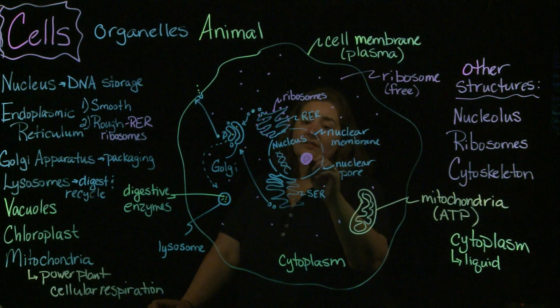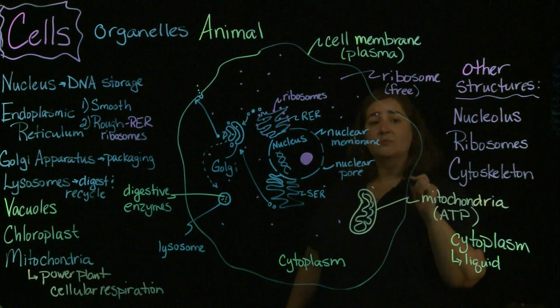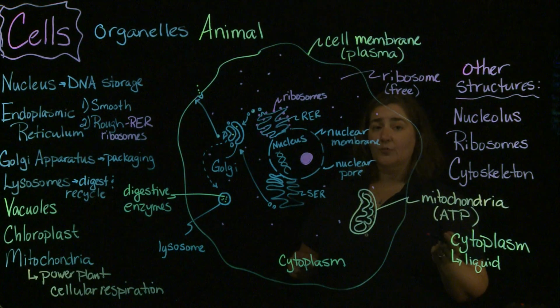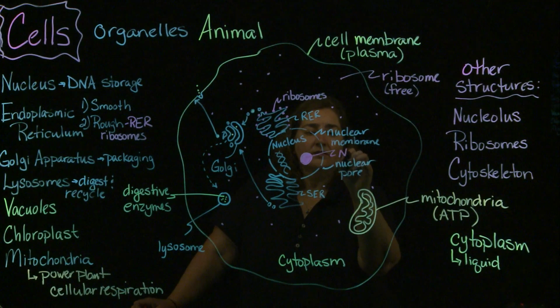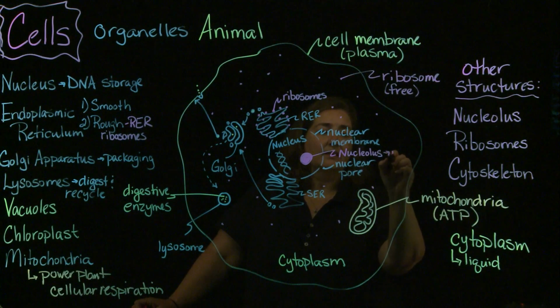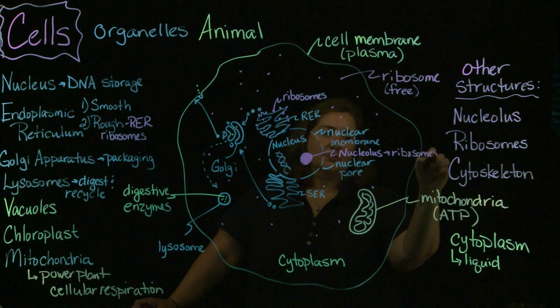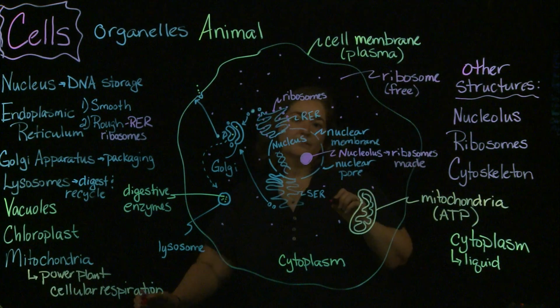So the nucleolus is found kind of as a darkened area in the center of the nucleus. This may be another structure that you can visualize using a light microscope if you're taking the lab. So our nucleolus here, this is going to be where ribosomes are going to be made within the cell.